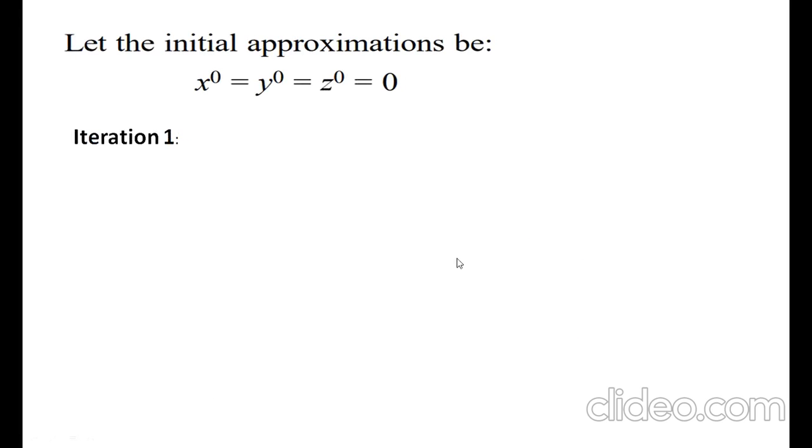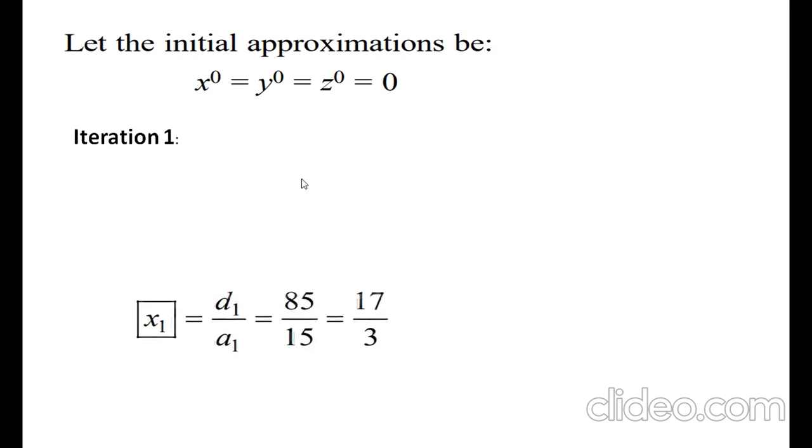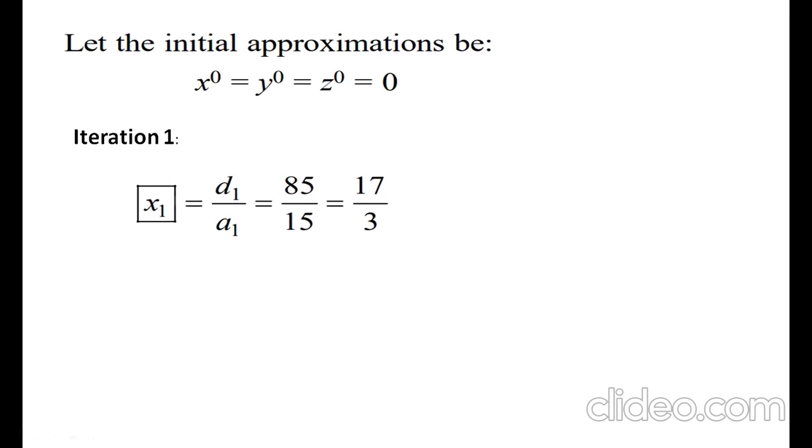Now for iteration 1, let us assume the initial approximations as x0 is equal to y0 is equal to z0 is equal to 0. So for the first iteration, x1 is equal to d1 upon a1, so it will be 85 upon 15, which is 17 by 3.